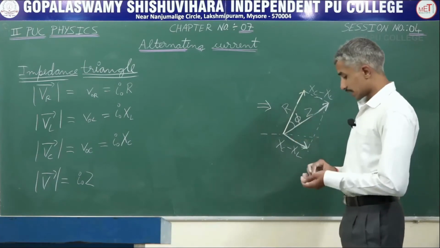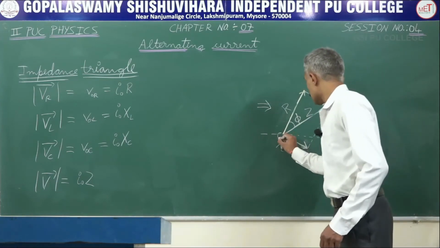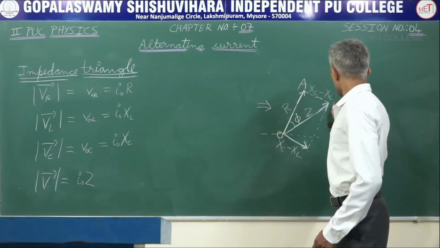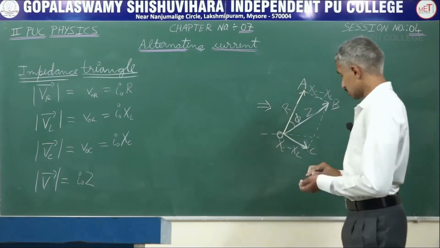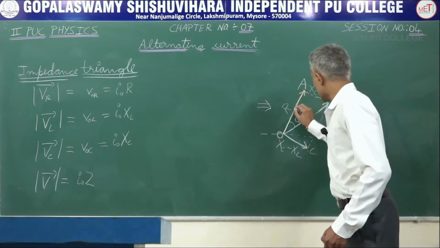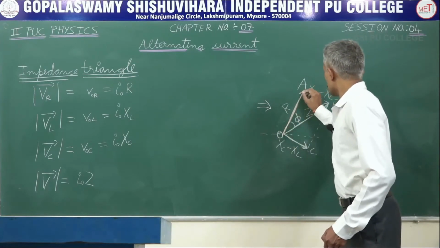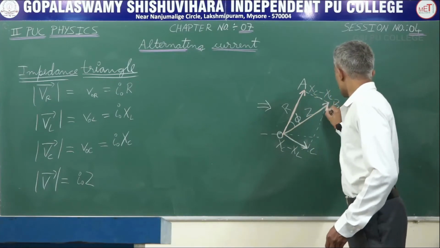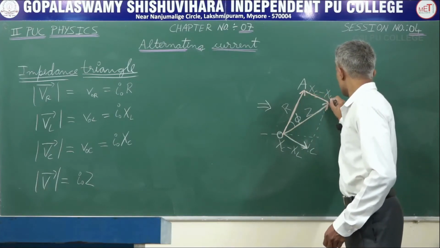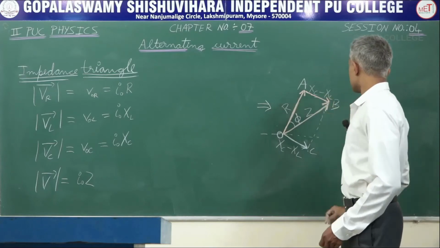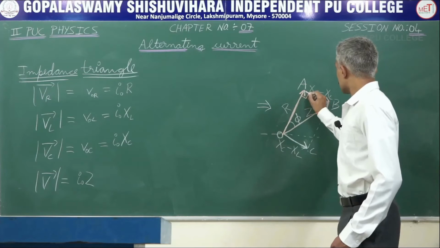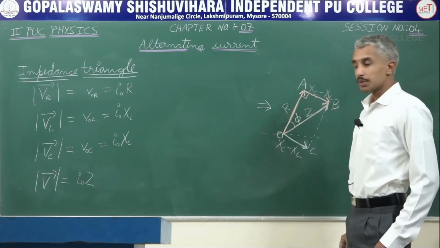Now consider the triangle. If I label here as O, A, B and C, if you have to consider the triangle OA, OB and OC, the triangle OAB is now called the impedance triangle.